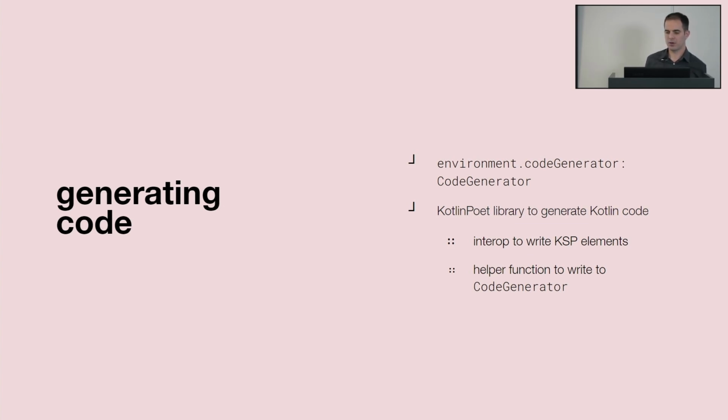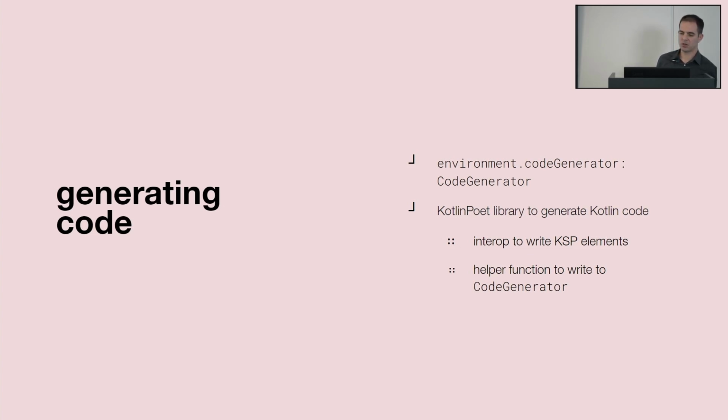How you construct the Kotlin code is up to you. You can use a string builder or just string concatenation to create your generated code, which can be easy if you generate simpler code. But if you have lots of dynamics in your processor, then maybe you can use a library for that.